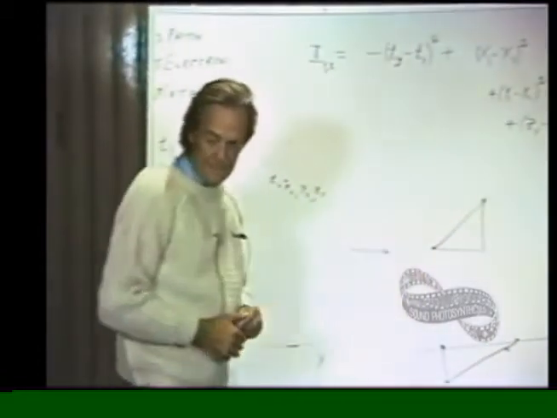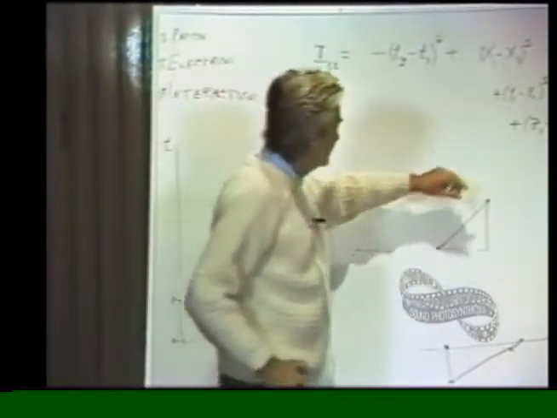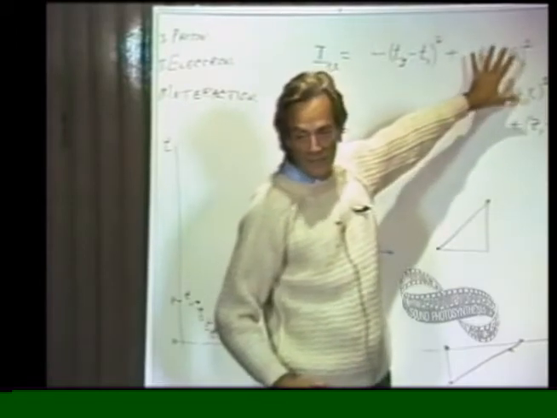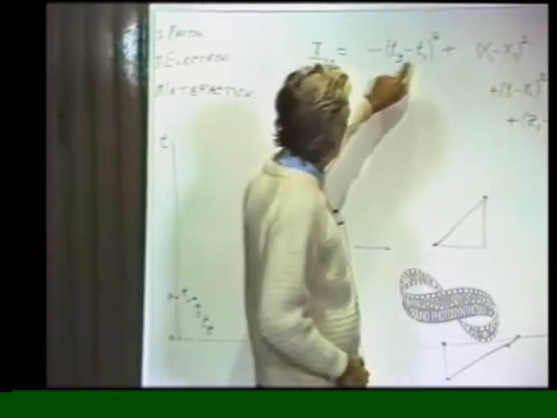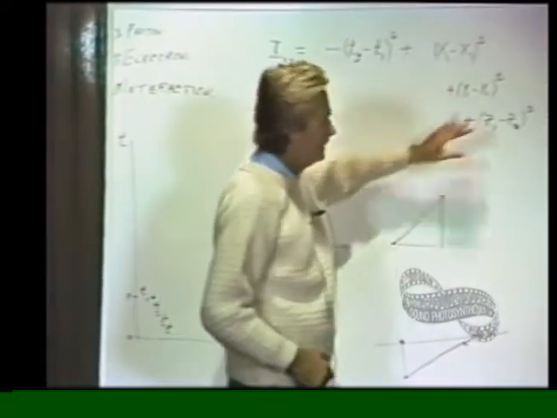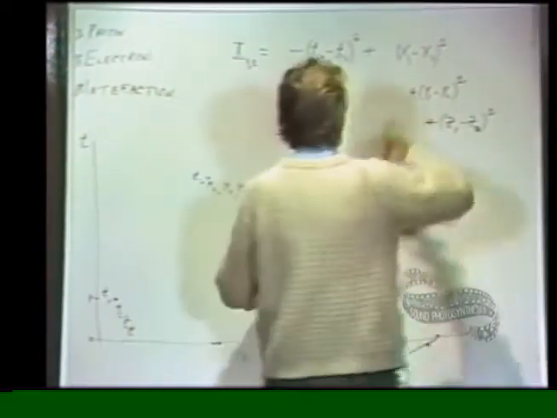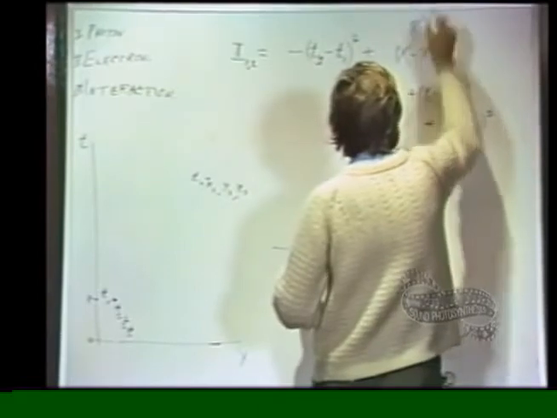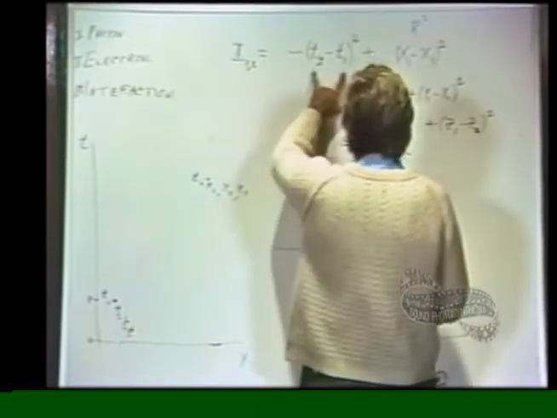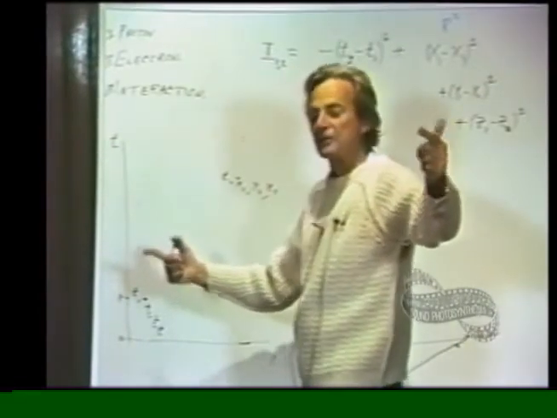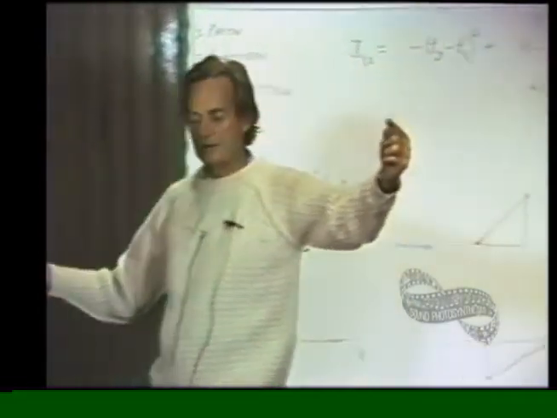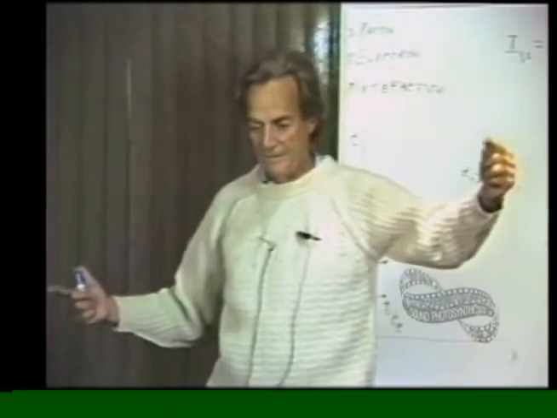This is the biggest amplitude. In fact, it's practically infinite when this square equals this square. So when the time interval is equal to the separation in distance, that's when we get the biggest amplitude for going.